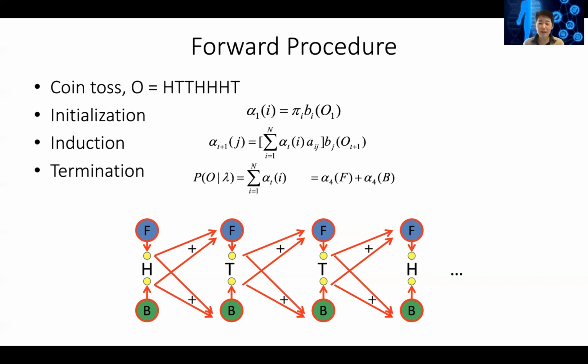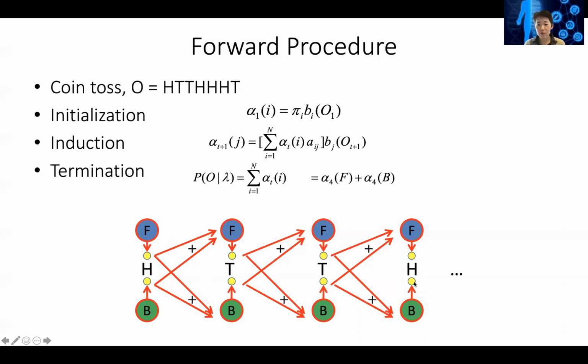At the very end, if we reach the end of the 300, we ask, what is the final probability of observing this particular string of coin flips? At the end, I just need to make sure that the probability of getting all the coin flips are already here, and the final coin flip I'm getting ahead, but that can come either from the fair coin or coming from the bias coin.